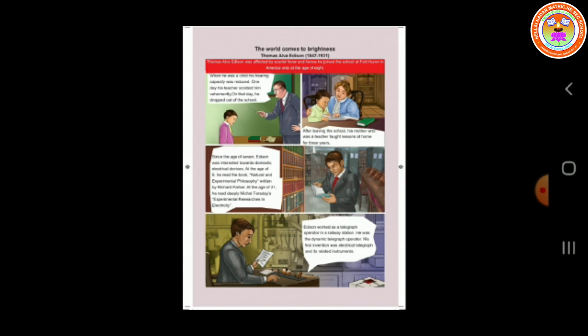He was known for taking the world from darkness to brightness. Right, students? He took us to the world of brightness, crossing all the obstacles in life. Have you understood, students?